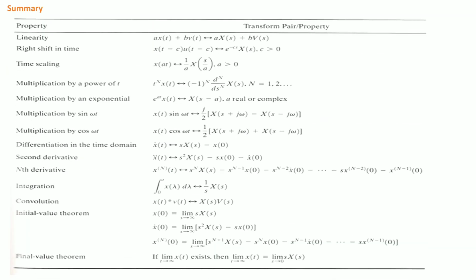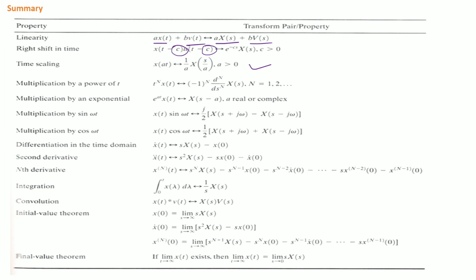Okay, so we have a summary. For linearity, it's simple: whatever constant is multiplied to the function, the same constant will be multiplied in the Laplace transform. For time shift, we have to take out the constant, how much the shifting has been done, by e to the power minus c s.